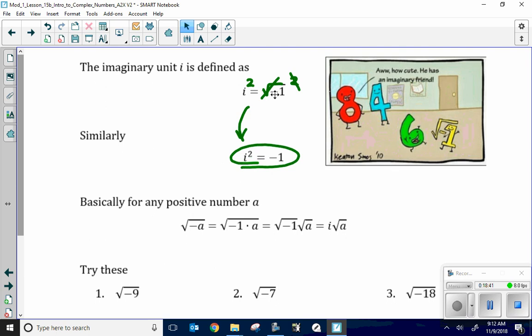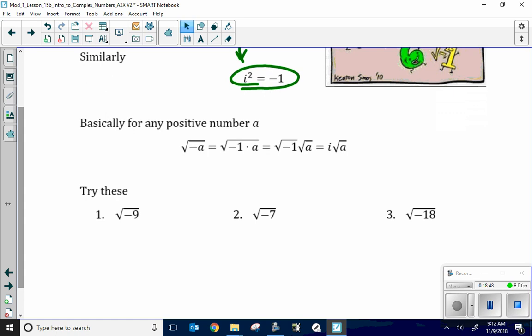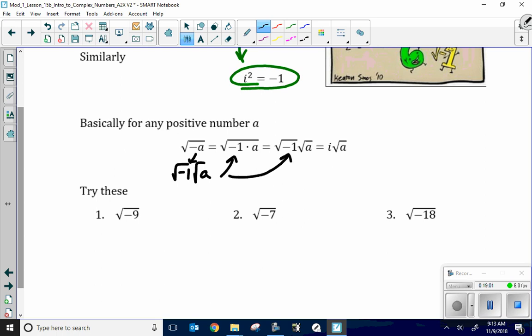Now, basically, for any positive number, because we were just getting factors before. Remember when we had 32, and it was 16 times 2? We just did that in the warm-up problems. This is like saying -1 times a, and the square root of -1 is just i.